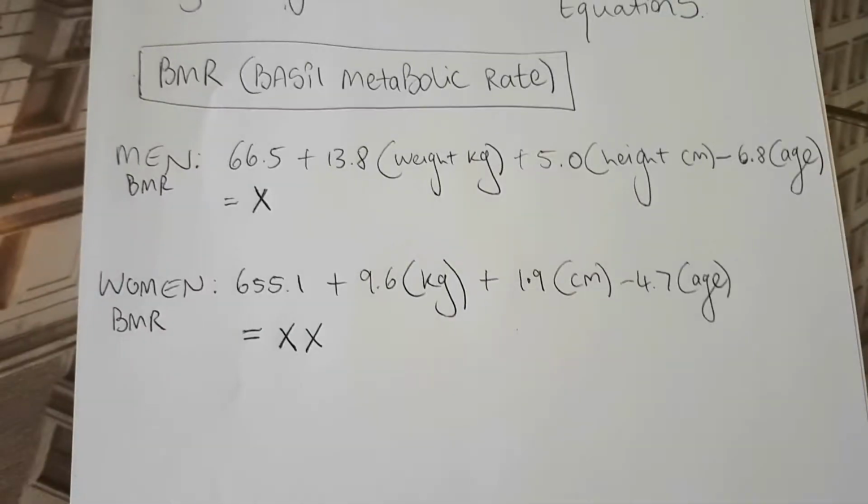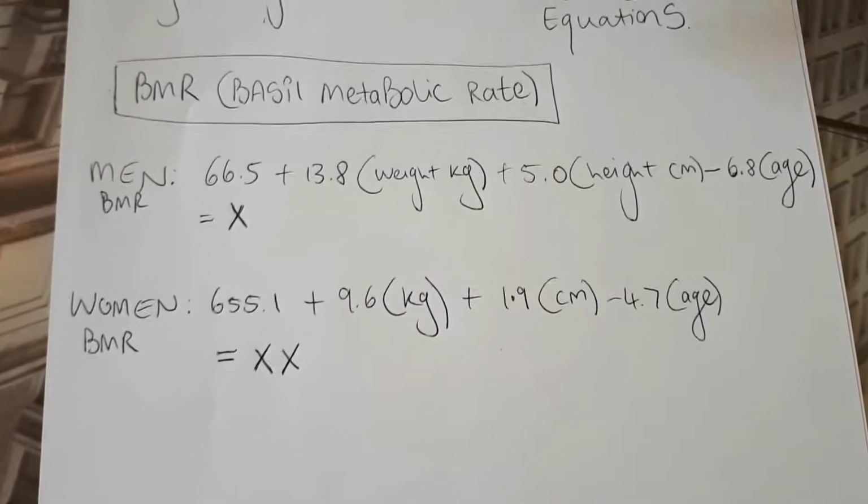So if you're lying down on your bed, for breathing, for digestion, for everything your body needs to do to keep you alive and sustain you without you even moving a finger, that is your basal metabolic rate. So naturally you're burning calories, and we need to find out roughly how many. I'll show you those equations.